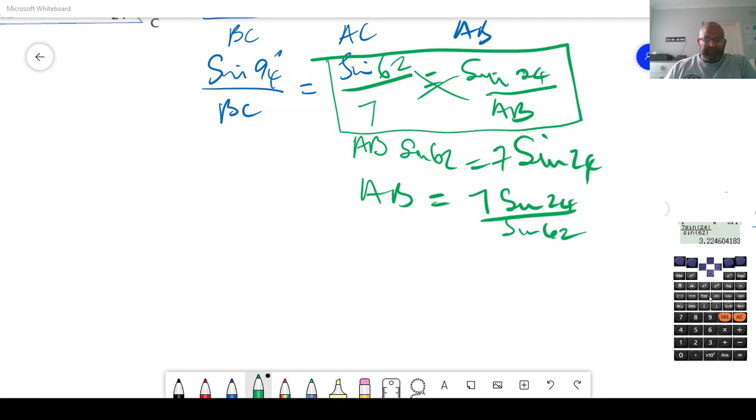Fraction, 7 sine 24 over sine 62. So that's 3,2 centimeters.